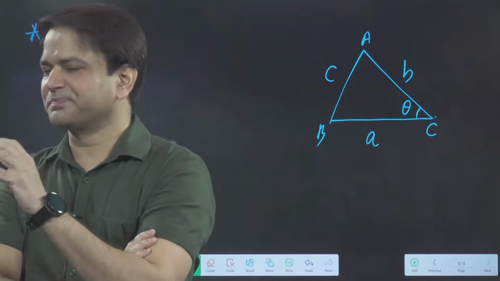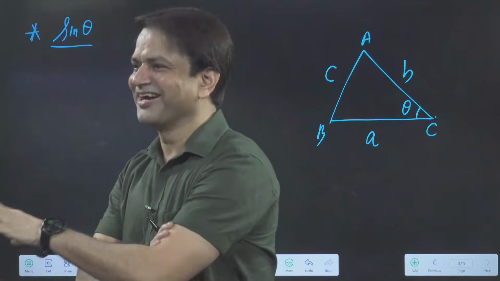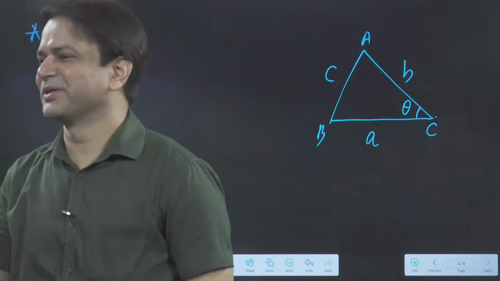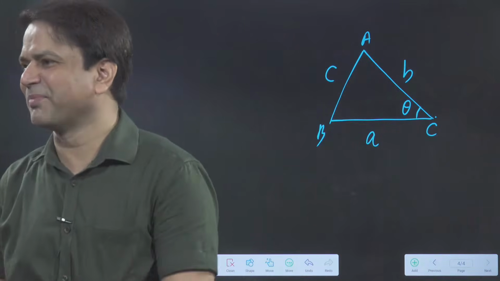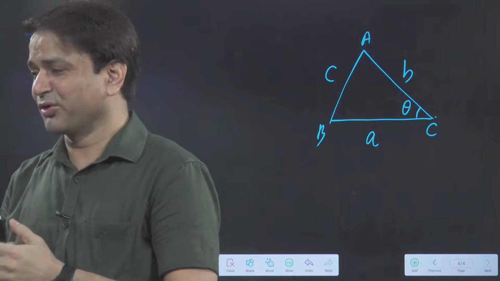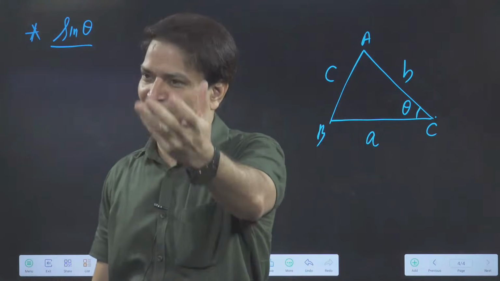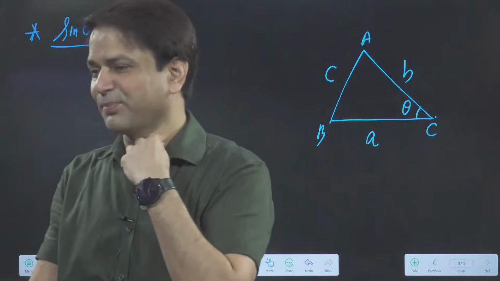So actually, when I started teaching in Andhra 7-8 years ago and asked the formula of sine theta, the answer I got was opposite by hypotenuse. Actually what we were learning was perpendicular upon hypotenuse, but here I got the new formula, opposite upon hypotenuse.